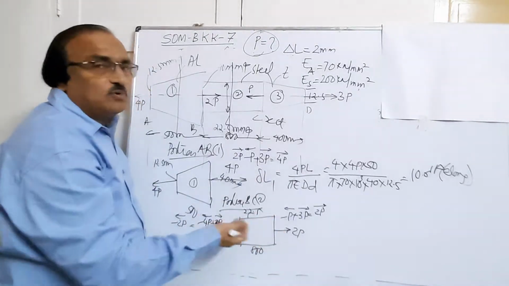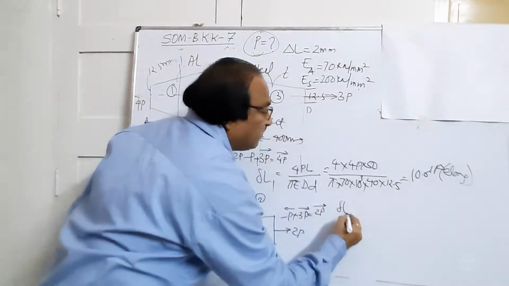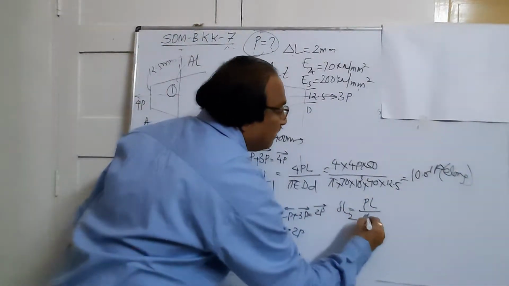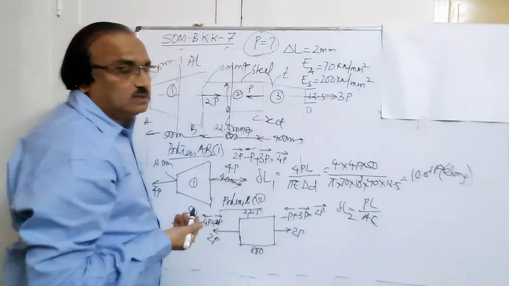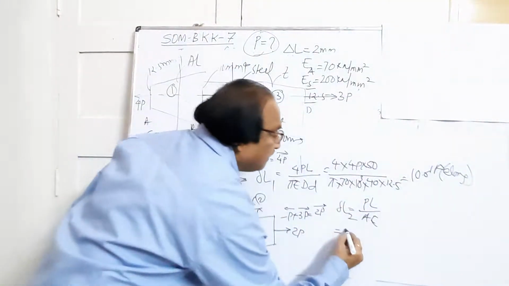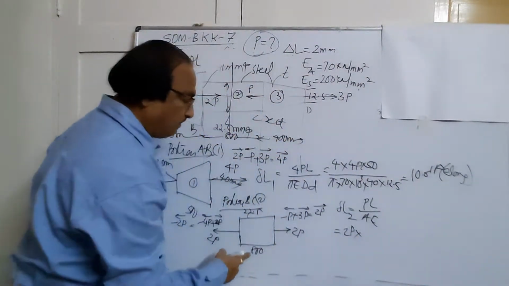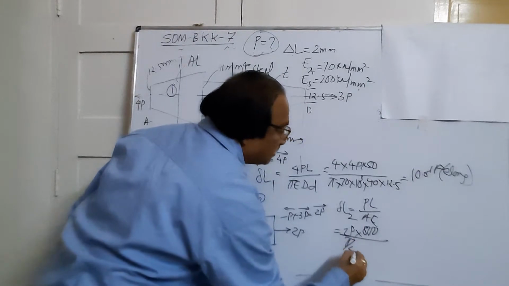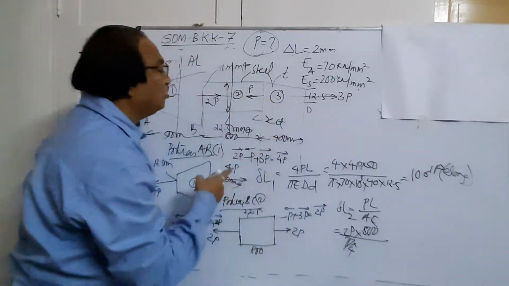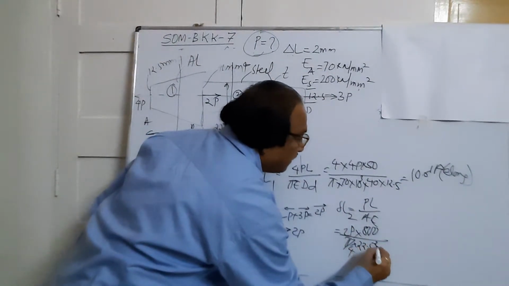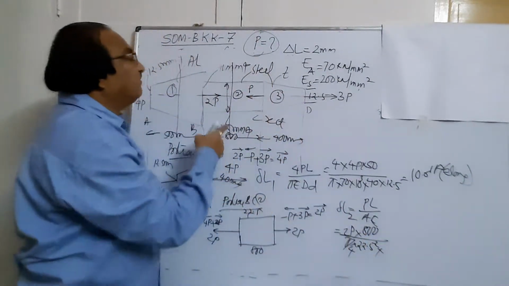This is a uniform cross sectional bar. We will use the general formula here. Delta L2 is equal to PL by AE, our general formula. So this will be equal to, P is how much here? 2P into length of the member, 800, divided by A, the uniform cross sectional area, pi by 4 into diameter 22.5 square, into E. The material is steel.